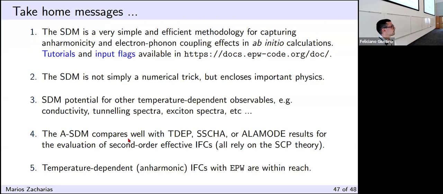Because anyway, those methodologies actually rely on the same principle and the same theory, the self-consistent phonon theory. And finally, it would be a nice potential application to interface temperature-dependent interatomic force constants with actual DFPT calculations and see how we can compute perturbatively using harmonic phonons the various quantities that you have seen in the school so far.